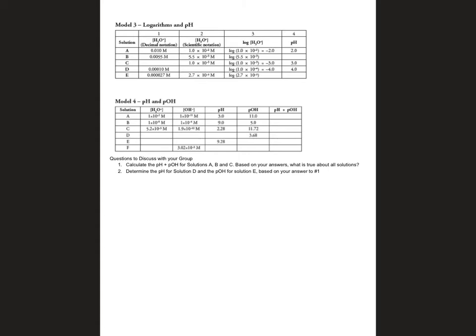So notice on this Model 3, when we write those concentrations of H3O plus in our scientific notation, especially if we look at solutions A and C, those are written real nicely for us. Notice that if the concentration of H3O plus was 1.0 times 10 to the negative third, notice when we take the log of that, our answer is negative 3, and the pH we write as 3.